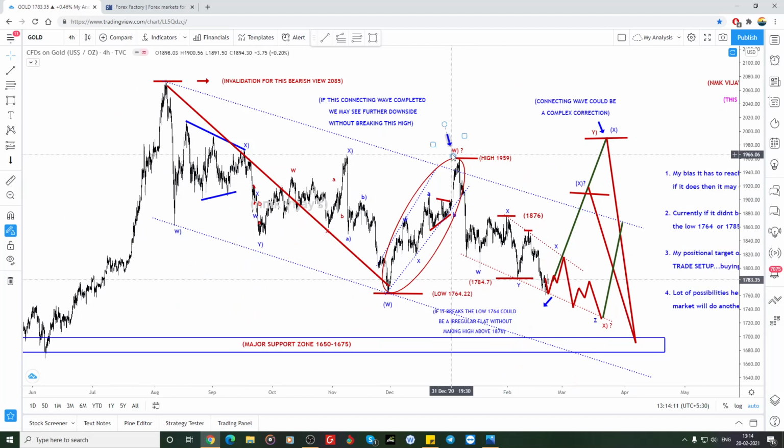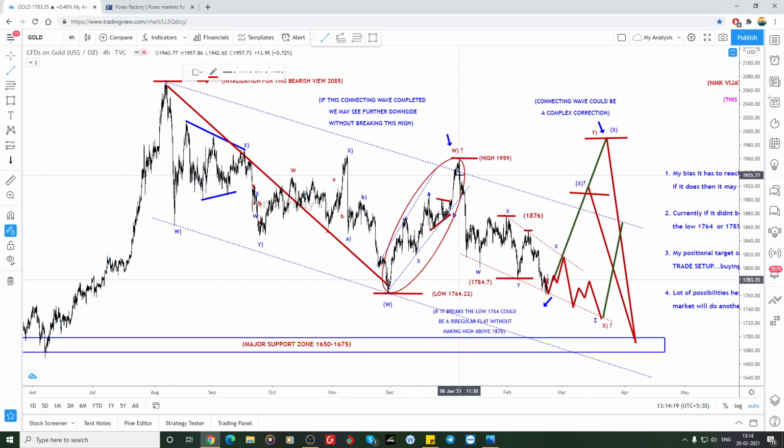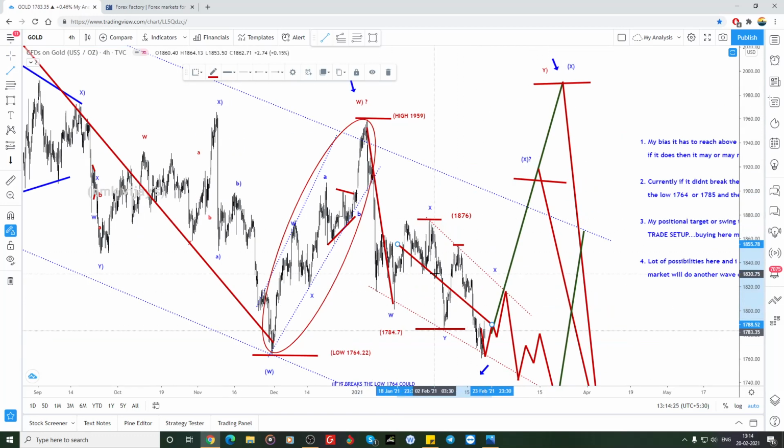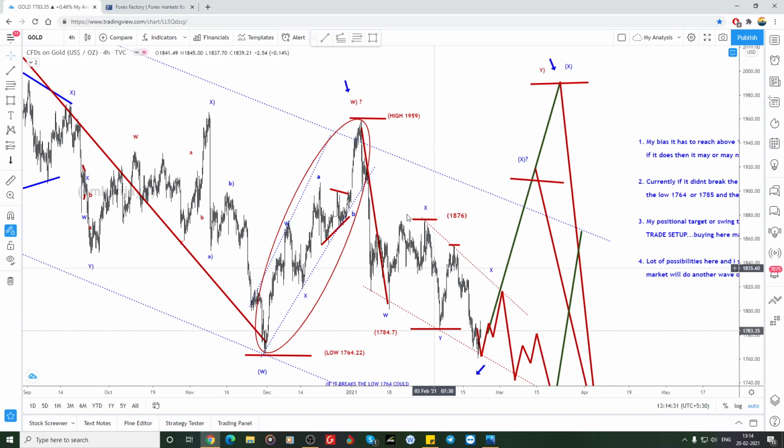And it is not looking like an impulsive wave, it's still in the correction part only. This is the one impulsive, this is the one impulsive, and these are not looking like impulsive, it's still in the correction.